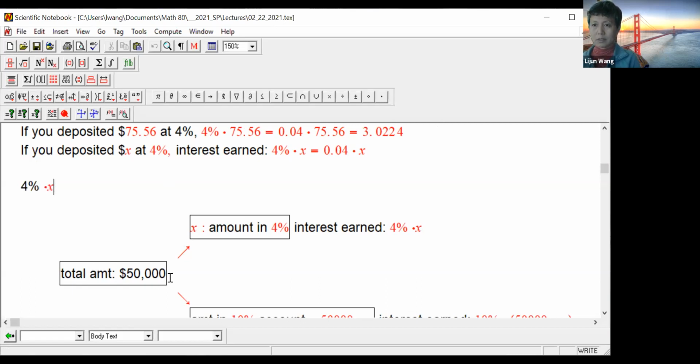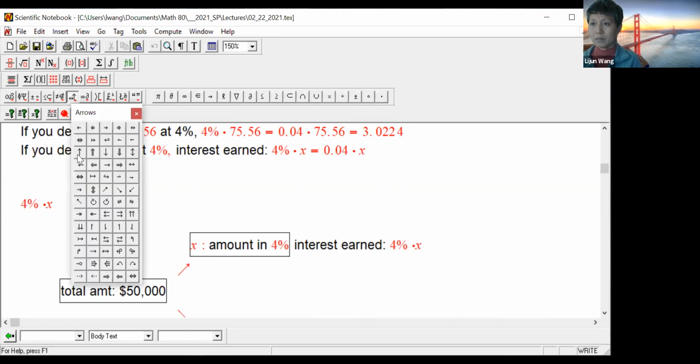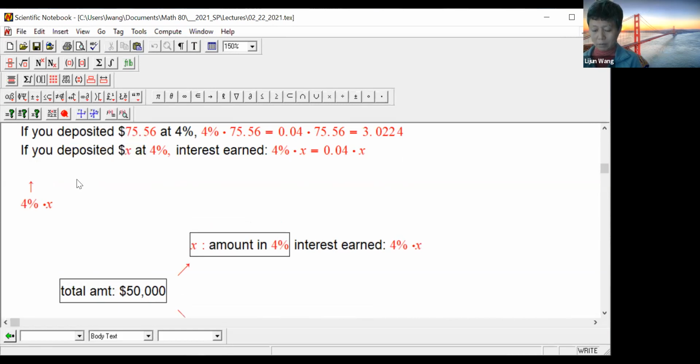4%, right? 4% multiplied by X. Each quantity in this expression, I want you guys to learn these names. This is your mathematical vocabulary. The 4% has a meaning.